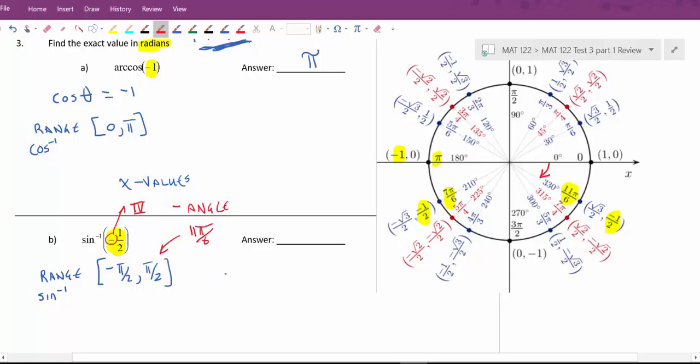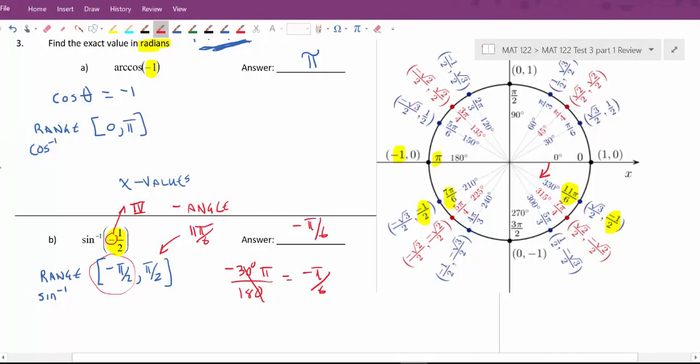So what you would do is give -30 degrees. That's a 30-degree reference angle, and it has to be negative if it's going to fall within this range. Then you can multiply that by pi/180 if you want to convert that, so you would get -pi/6. So that's the answer of the problem. It's the only answer of the problem. So if you do an inverse sine of a negative number, you've got to be in quadrant 4, but you have to give a negative angle.